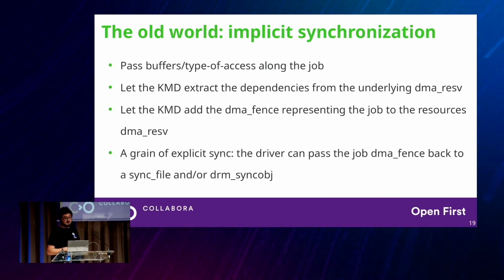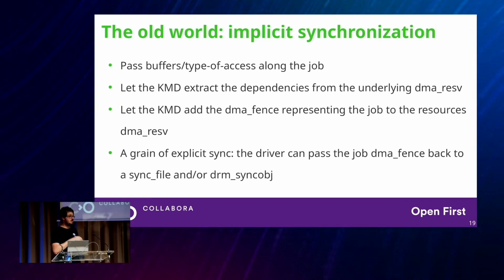So now let's have a look at how we use these synchronization primitives. There is the old world and the new world. I mentioned that GL is all about implicit synchronization, and that's basically how it works. So when you pass a job to the kernel driver, you also pass all the buffers that are going to be accessed by this job.